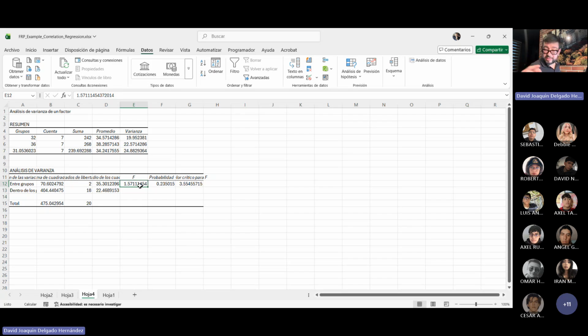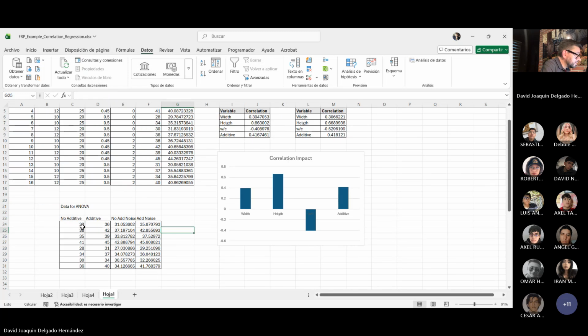So the resistances are very similar. Let us look at the data. So here 32, 36, 38, 42. So they are very, very similar. Apparently, the additive is not having any impact on the strength of the specimen, right?